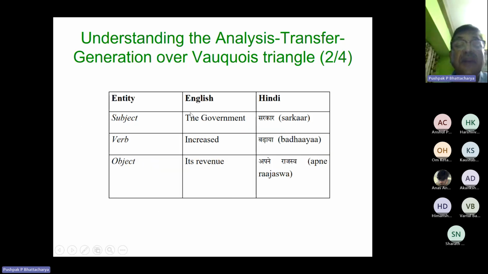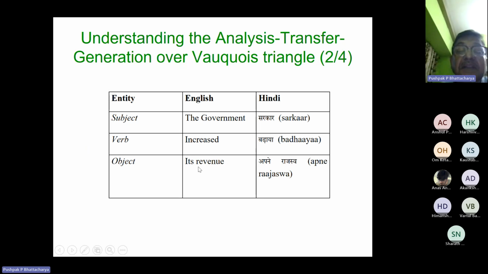First, we would like to understand what is there in the source language sentence. First, we would like to get the core of the sentence. Core of the sentence is subject, object, verb, or for English, subject, verb, object. The core is the subject, the government. Verb is increased.